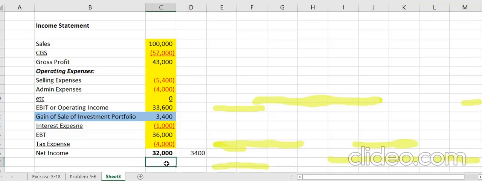Now the question is: this $32,000 is an income, but is it income based only on operations? No, it's not only based on operations. It has 3,400 of non-operating income also. So what should I do? I should split it, separate it. Separation here means I should subtract it. Remember this point.